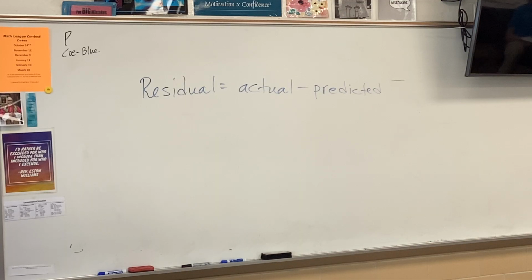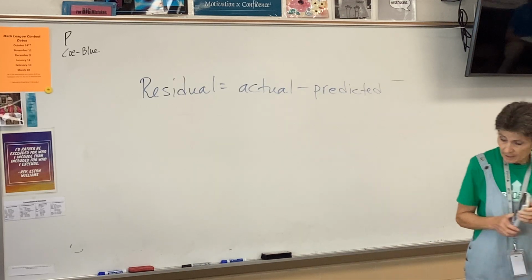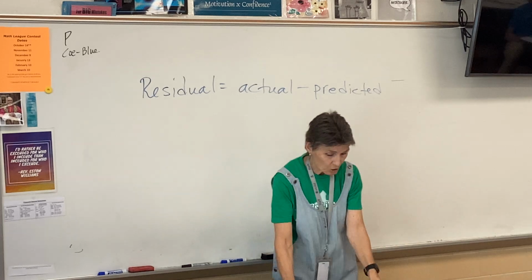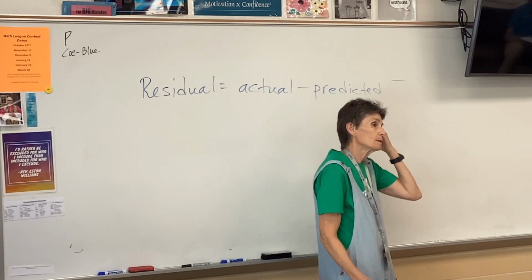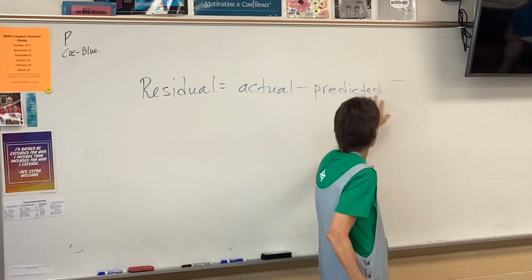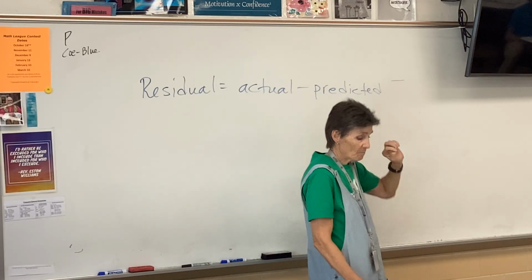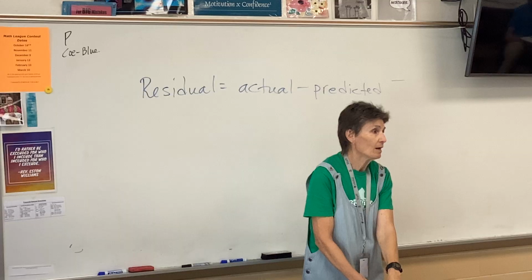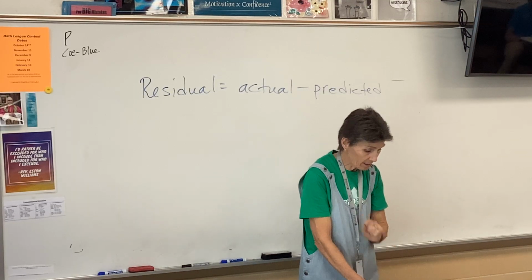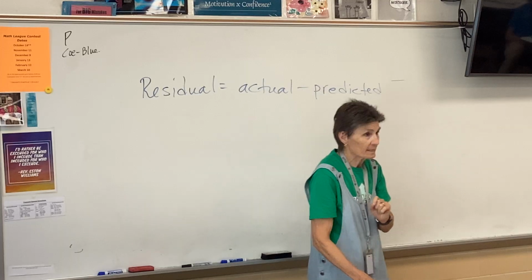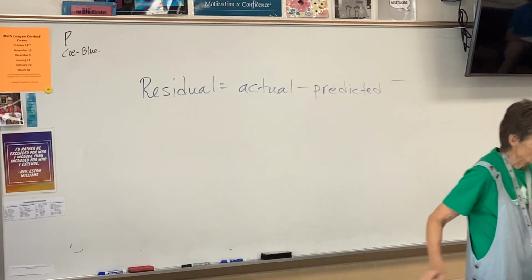Okay? Now, using the model that you built, that's your equation, and the table of values, see if you can do the calculation by hand and get negative 0.07. All right?